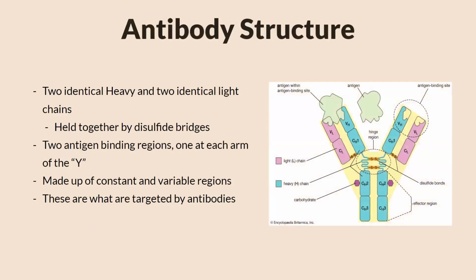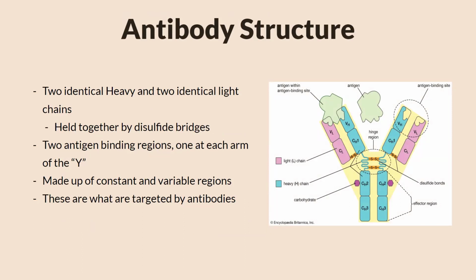So antibody structure, as Eren was talking about, you're going to have 2 identical heavy chains, 2 identical light chains. The outermost part of the chains is where you're going to have your antigen binding site. And all these chains are their own individual proteins, which together form quaternary structure.